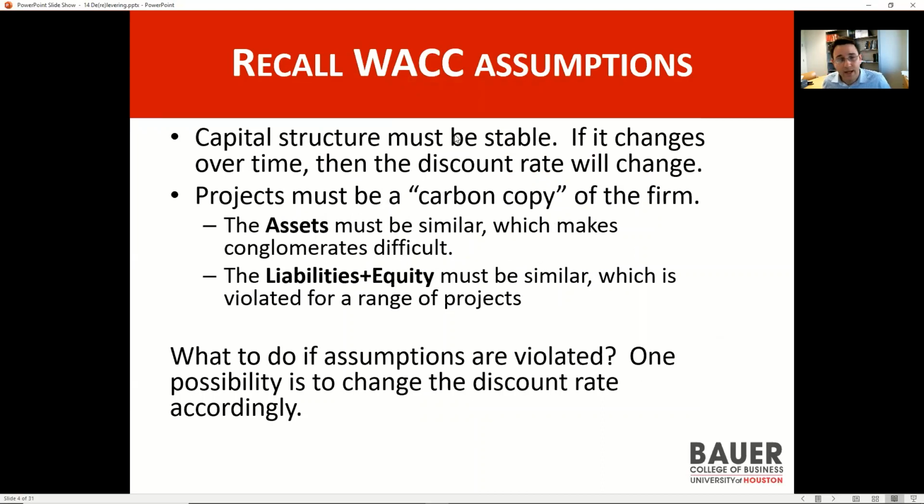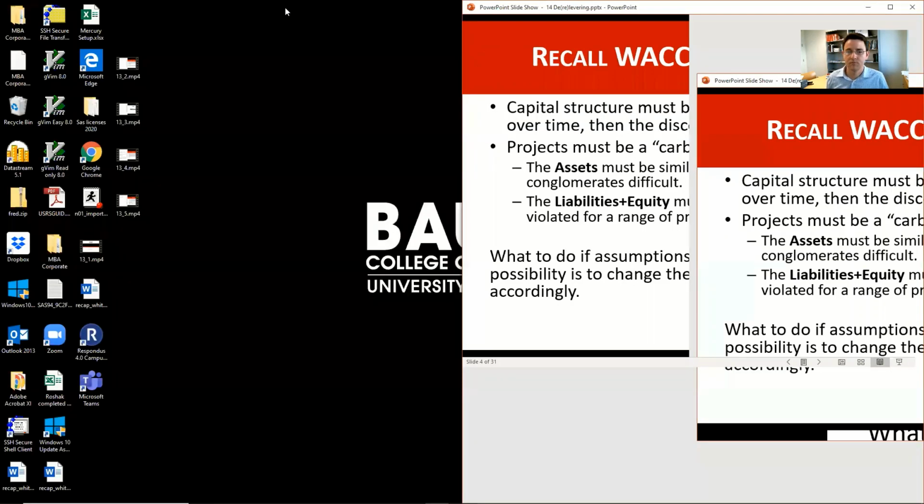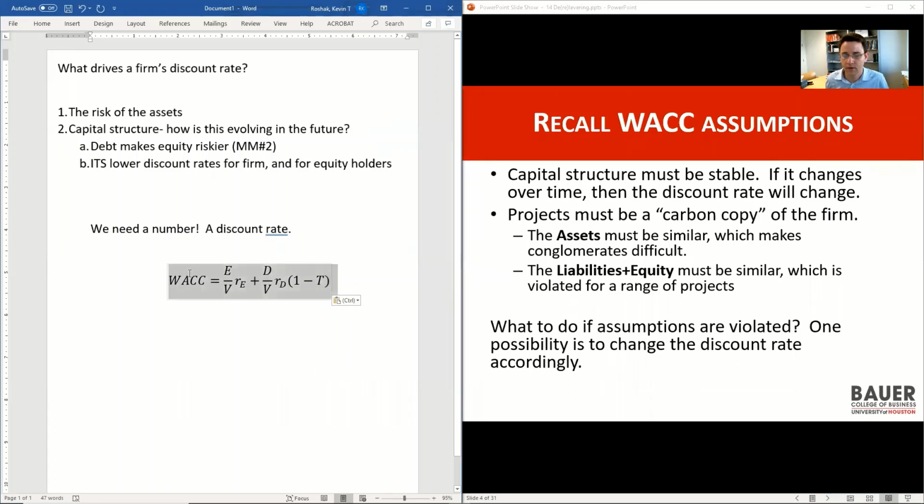When we talked about the weighted average cost of capital, we said that the WACC is making some restrictions. The first restriction is that the capital structure must be stable. So if you pull up the WACC equation here, we've got these ratios, the ratio of equity to the value of the company, the ratio of debt to the value of the company.